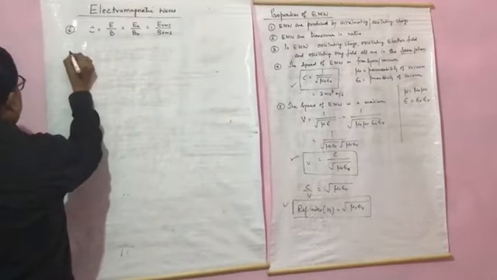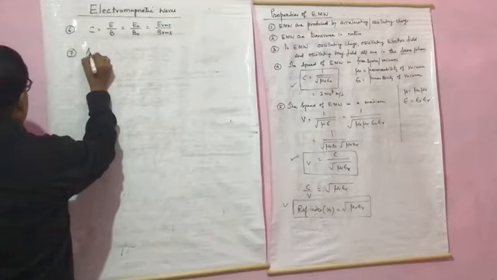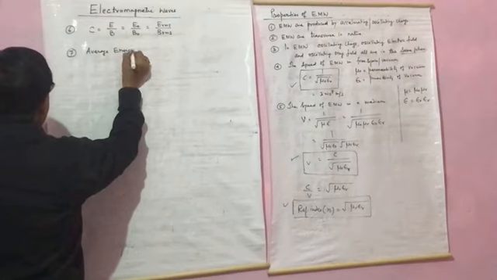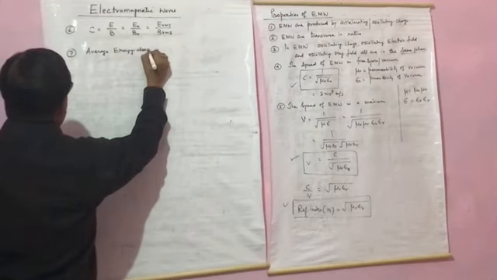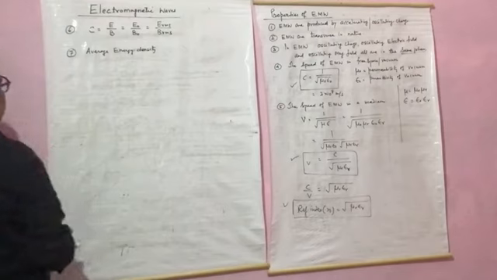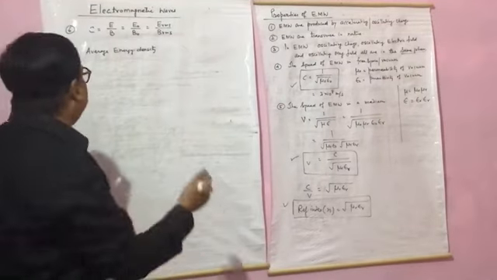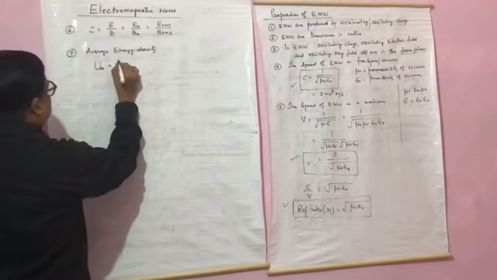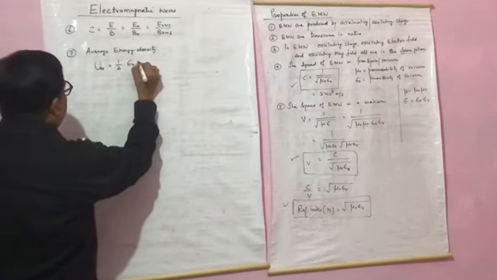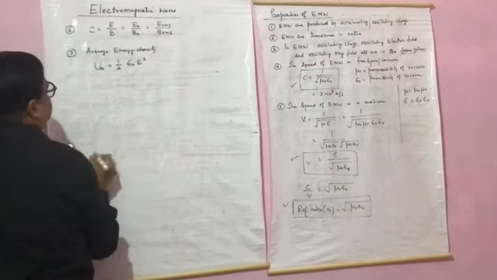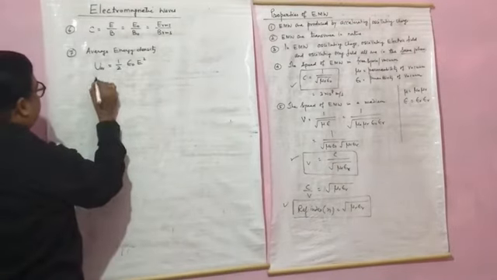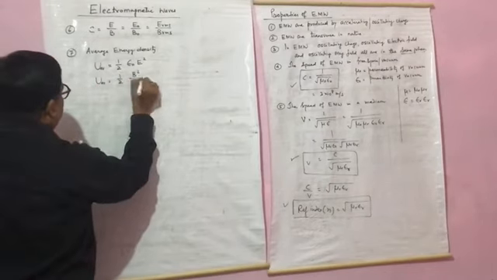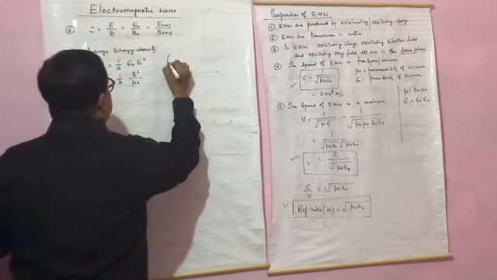Now average energy density. If we consider only electric field, then average is 1 by 2 epsilon naught E square. And if we consider only magnetic field, then this average is 1 by 2 B square upon mu naught. This is because of electric field.